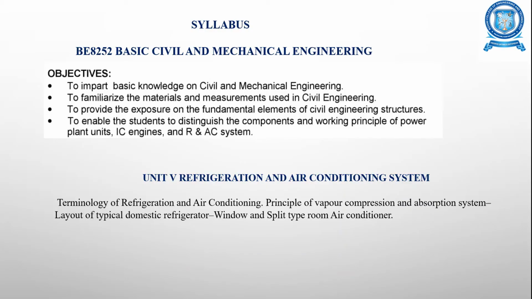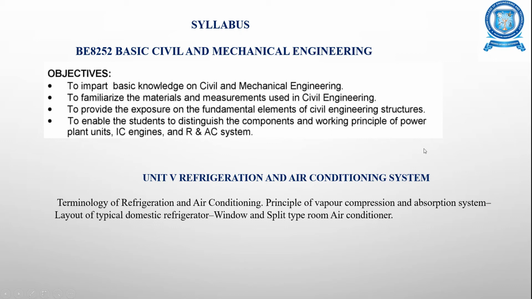So this is the objective. The main objective for studying the 5th unit of Basic Civil and Mechanical Engineering is to enable students to distinguish the components and working principle of power plant units, internal combustion engines, and refrigeration and air conditioning systems.